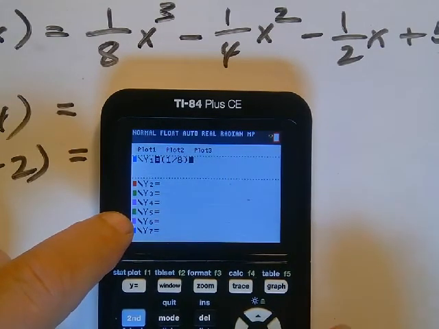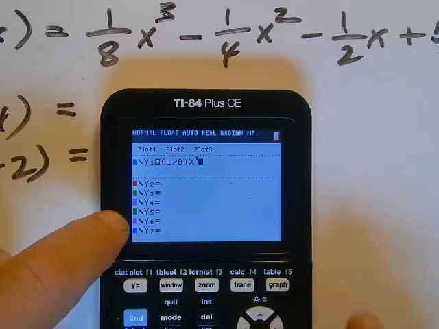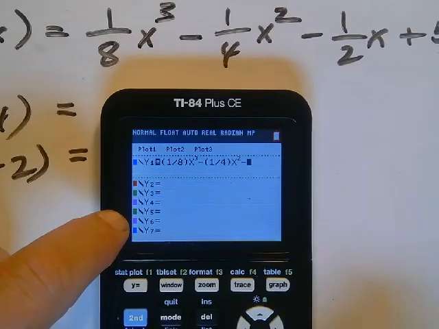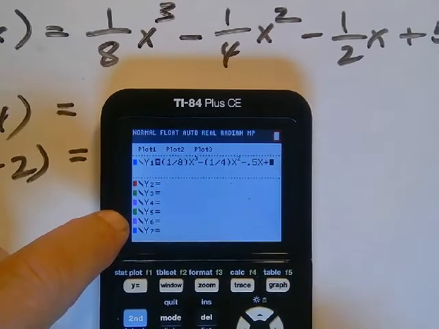1 divided by 8, and then times x to the third, minus, and I'll put parentheses here although I don't need them, 1 divided by 4, 1/4 x squared, minus 1/2, well I know that's 0.5, so I'm just going to enter 0.5, it's easier, x plus 5.